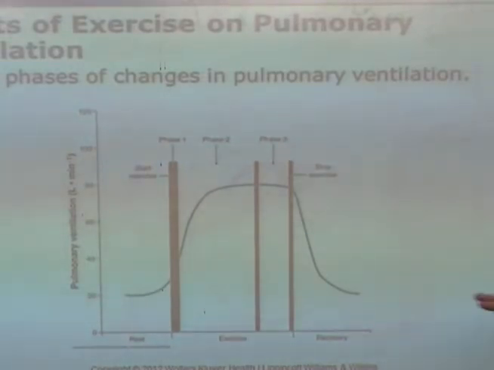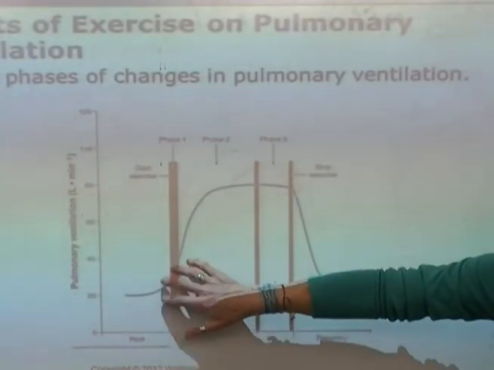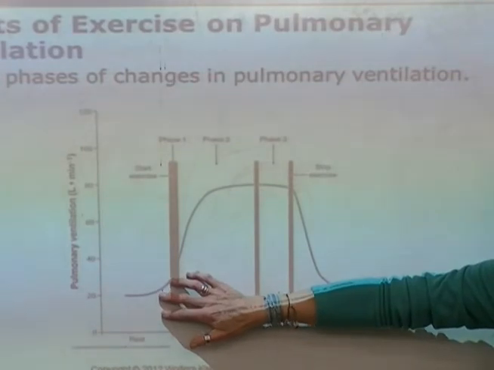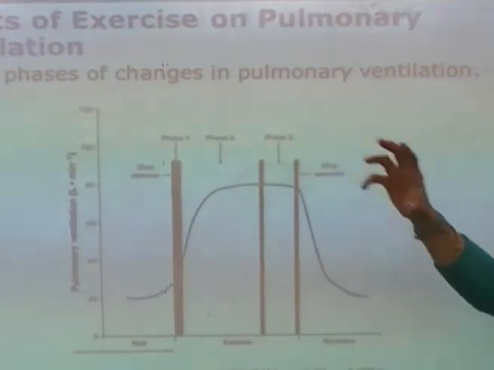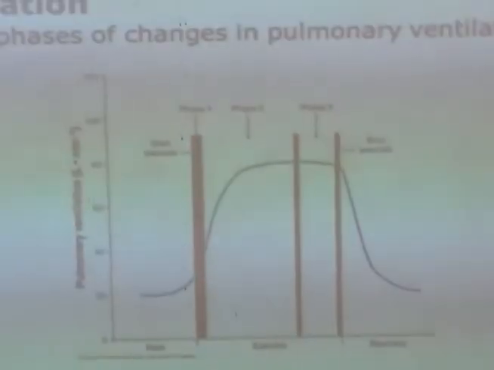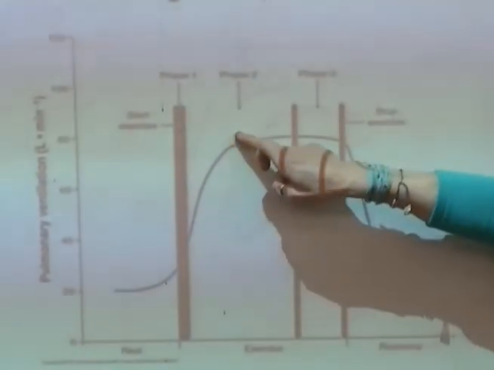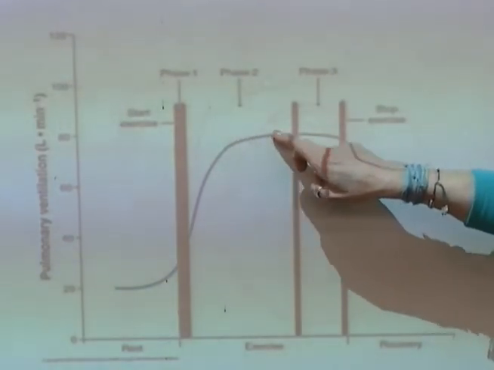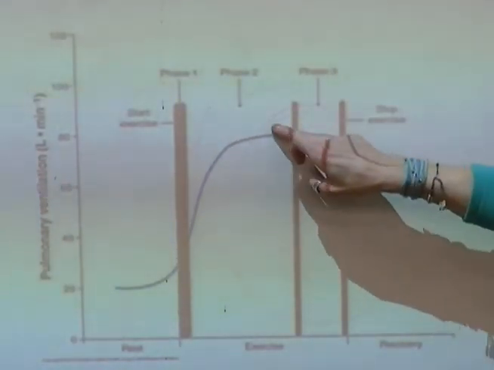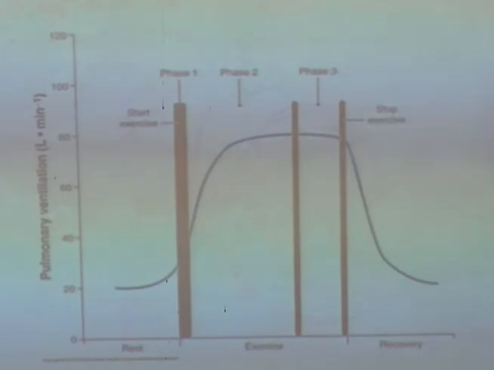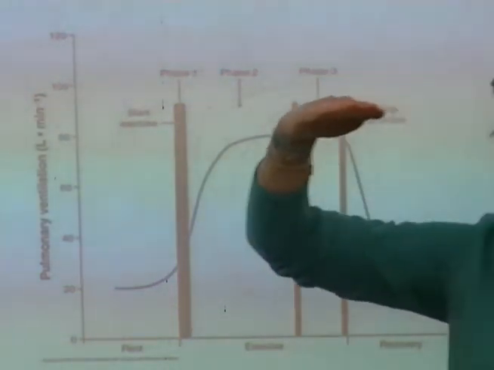So phase one is prior to the start, or around the start of exercise, right? Abrupt increase in ventilation due to anticipation, stretch receptors in the lungs, right? Phase two is a quick rise up to steady state. Phase three will depend how long you stay at the same work rate, the same intensity, right?